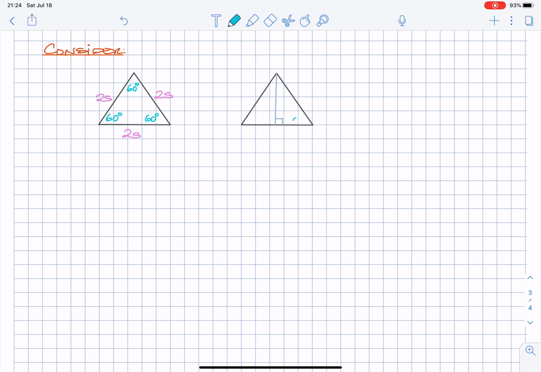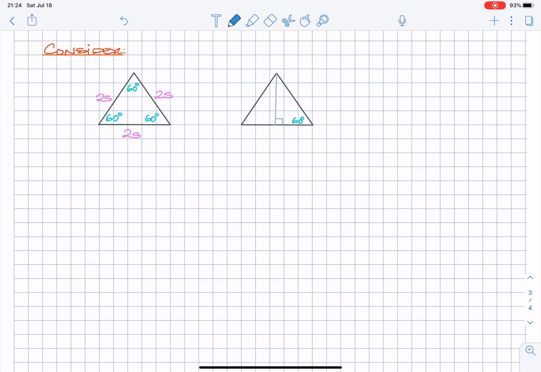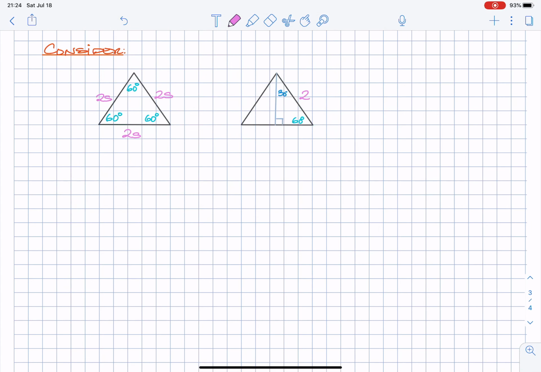This is still 60 degrees down here, but on top I've divided 60 by 2, so the top angle is now 30 degrees. Now that's a bit hard to write, 30 degrees. Okay, but the hypotenuse now, this is 2S, but half of one side is S.